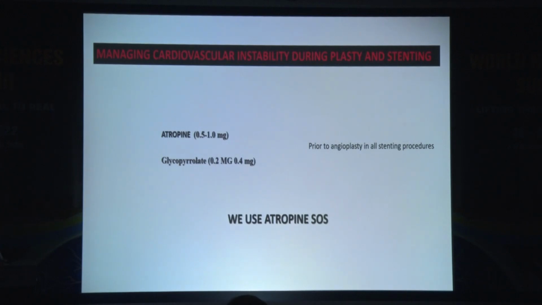For the last 1.5 years, we have switched to glycopyrrolate, which has a greater safety profile than atropine. It's basically a synthetic derivative of atropine, has a greater safety profile and a shorter half-life, and thus fewer side effects. We usually give glycopyrrolate prophylactically to the patient just 5 or 10 minutes before the angioplasty.